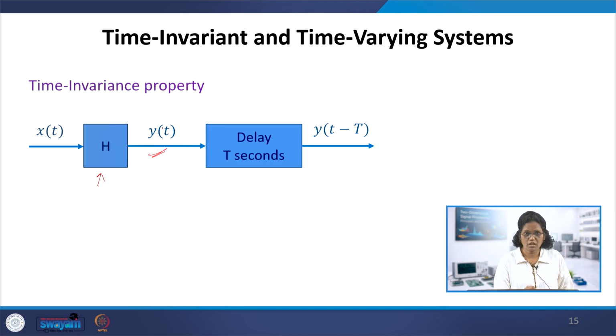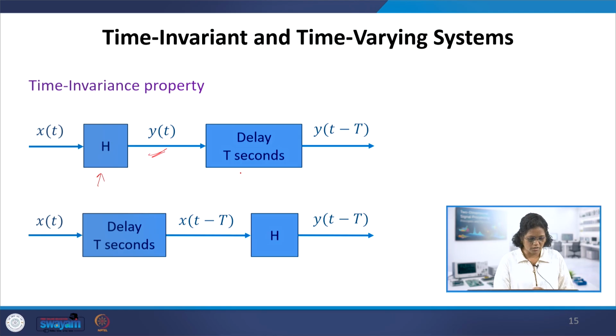So when you delay this y of t, the output is y of t minus T. Now if we take the other category, you take the input and delay it for some time units, x of t minus T, and pass it through the system, that is H operating on this delayed input.